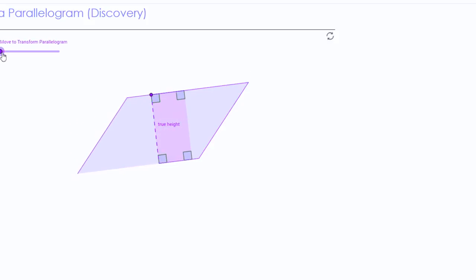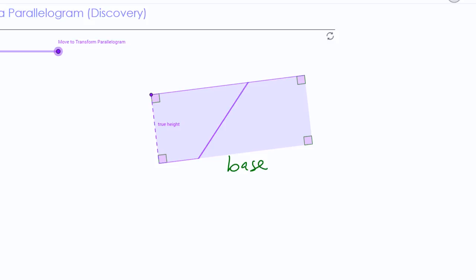Remember, the base is still the same. This was the original base. So the base is still the same, and the height is still the same. So what we have here is that is the base, and that is the height.